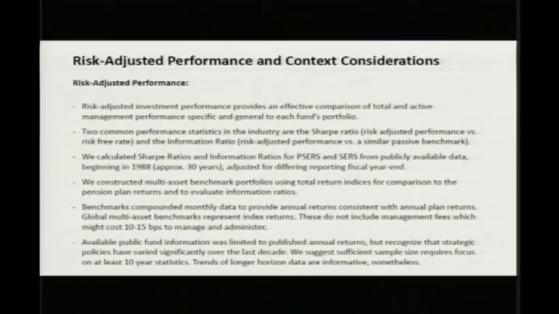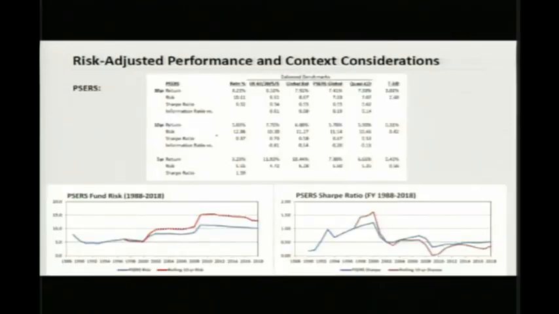So, all that being said, this is the data on PSERS. The three benchmarks that we use to measure the performance of the two funds against include a U.S.-based portfolio of 60% equity, 30% fixed income, 5% real estate, 5% cash.